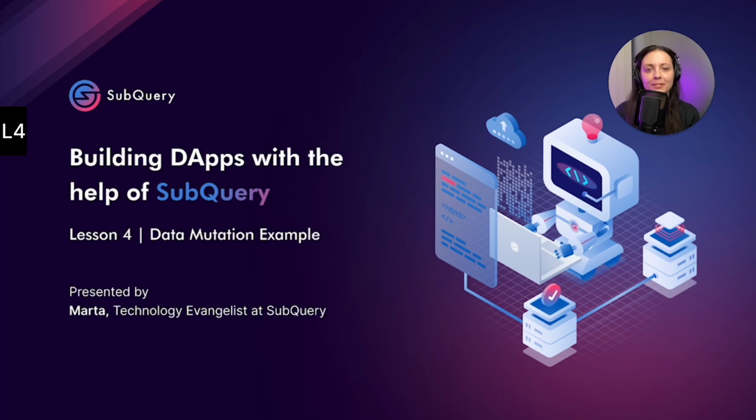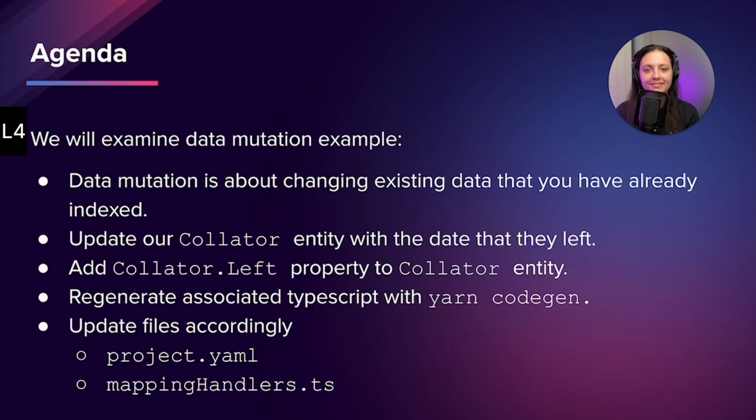In this lesson, we will spend some time exploring and inspecting a data mutation example in SubQuery. So let's jump in. The goal for this lesson is to inspect data mutation, as I said, and it is about changing existing data that we have already indexed. We will update our collator entity.